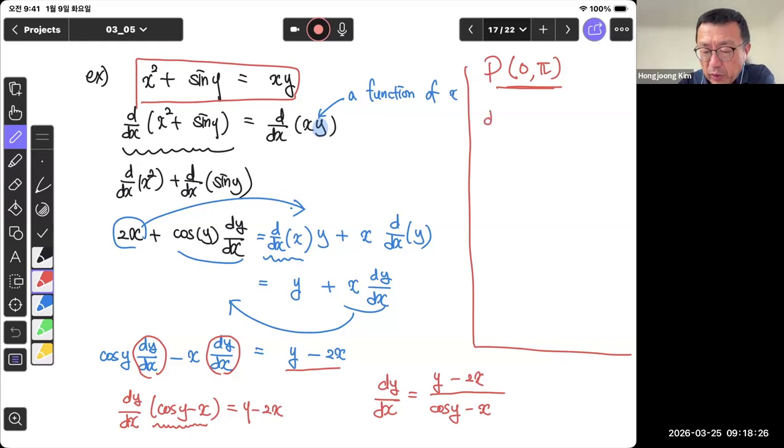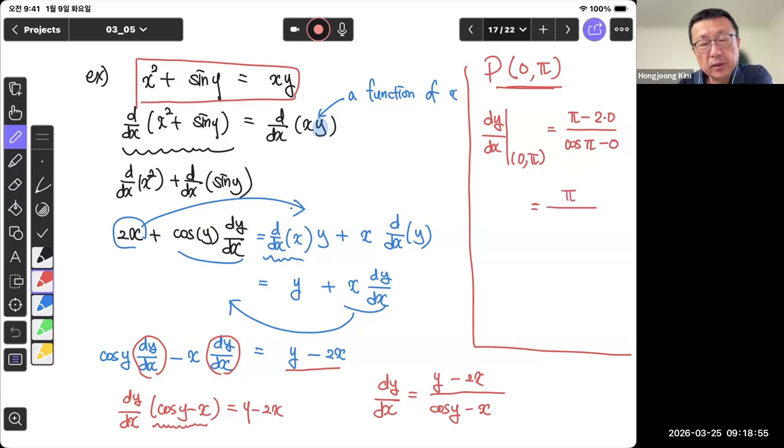So if I evaluate dy/dx at this point, 0 and pi, so when x is 0 and y is pi, your dy/dx will be pi minus 2 times 0 over cosine pi minus 0. So you get pi, and cosine pi is negative 1.